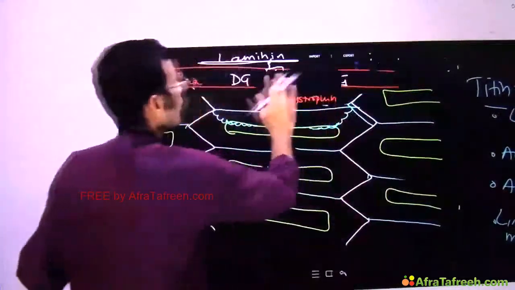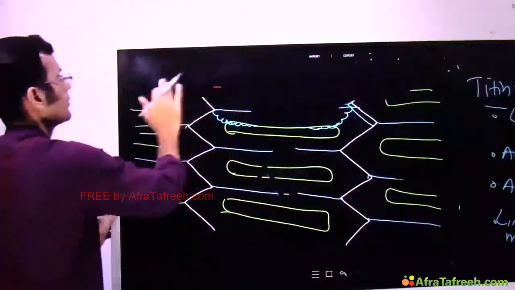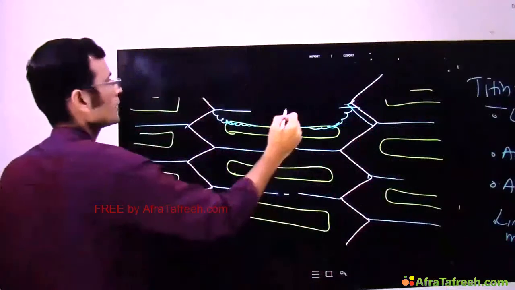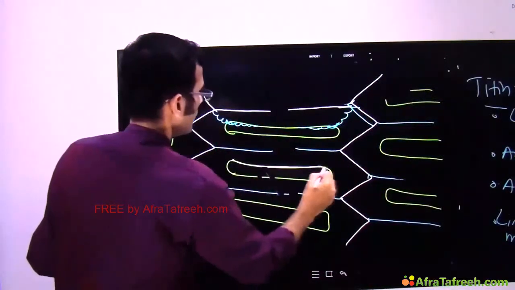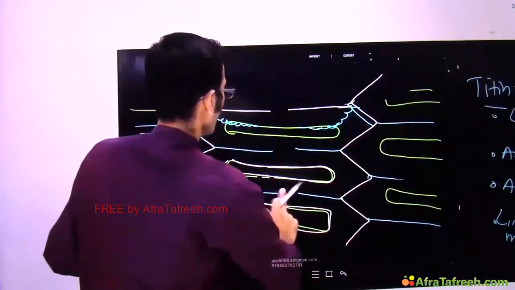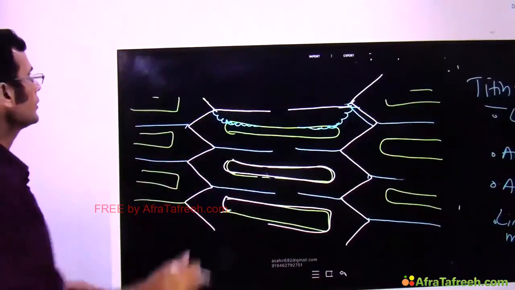Let's now talk about the various bands and zones in the sarcomere. This one question has been repeatedly asked: what are the various changes in the sarcomere with muscle contraction?